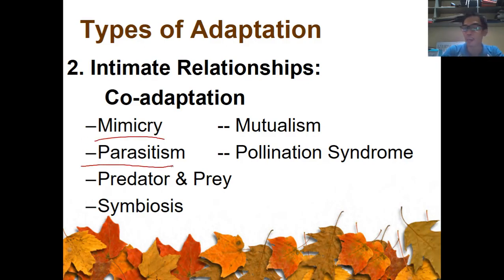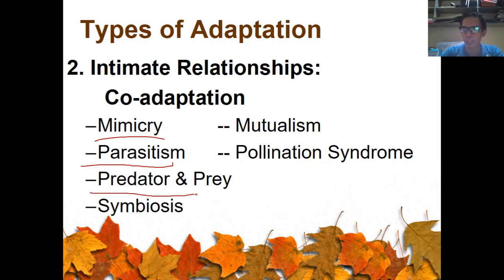The other one is parasitism, like the tapeworm, the roundworm, something like that. They evolved to be like that because of the requirement of survival. So we have here the host and parasite relationship.